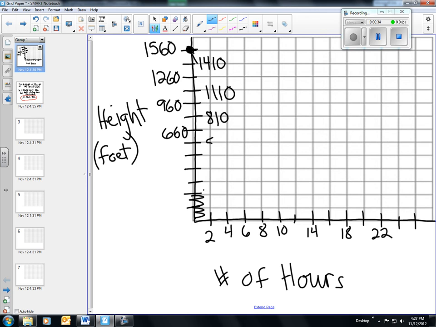And then 510 and 360 and then 210 and then 60. So that would be going down 150 feet every box.